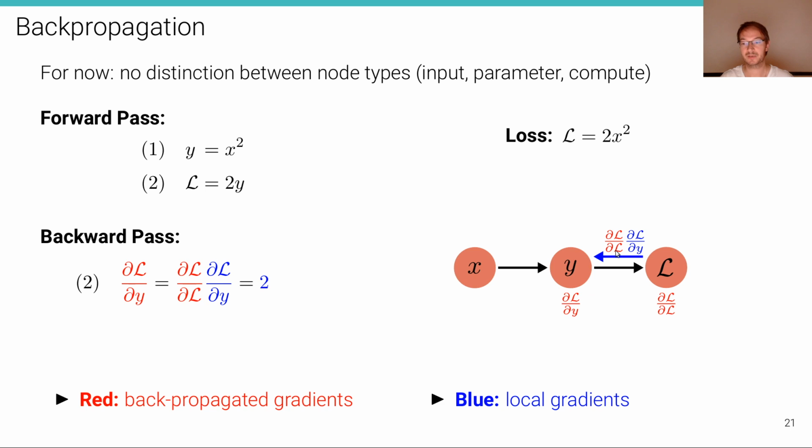So whenever I write partial of L divided by partial of any variable, I mean the gradient of that output node with respect to any of these variables inside.